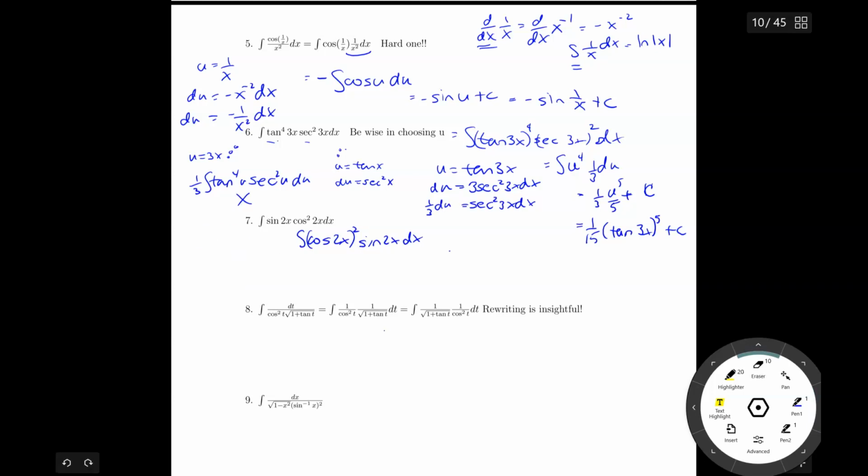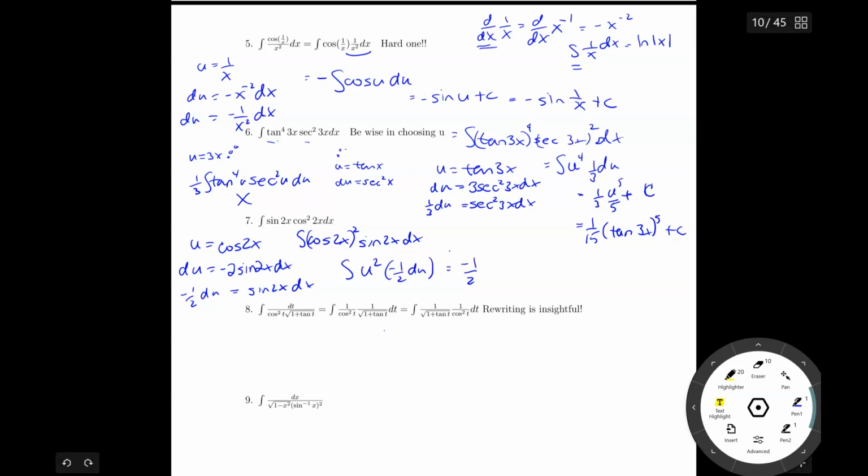All right, so let's start with u equaling cosine of 2x. Using my chain rule, I get negative 2 sine of 2x. So negative 1/2 du will give me sine of 2x dx. So this turns into u squared negative 1/2 du.